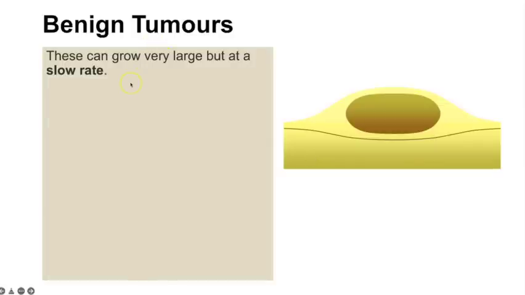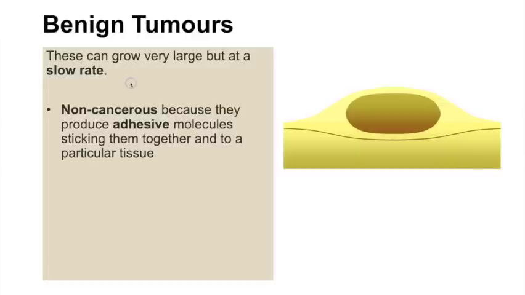So a benign tumour can grow very large still, but it will be dividing at a slower rate, so it will take longer for there to be a larger tumour. Benign is non-cancerous, and one of the reasons it's classed as non-cancerous is they produce this adhesive sticky molecule, and that will then surround it so it cannot move.